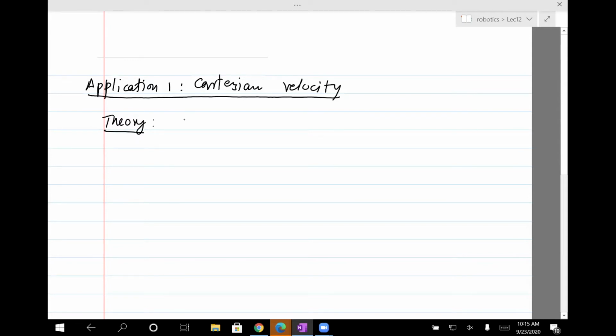Okay, so if r0 is the position of some point on the manipulator or any system, then we can write that position as a function of q, where q is the degrees of freedom. So for a manipulator, that would be theta 1, theta 2.